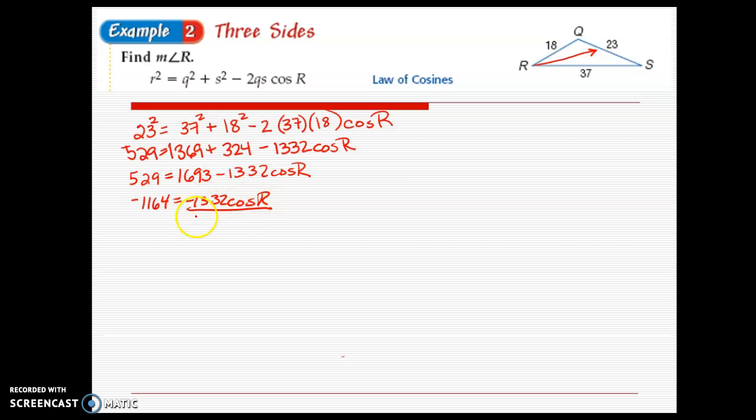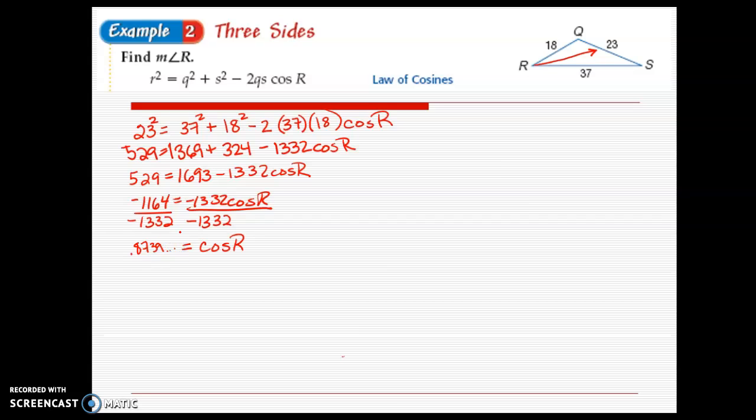To get that by itself, you will divide by negative 1332, and so that your cosine of r will equal negative 1164 divided by negative 1332. You get 0.8738 blah blah blah, 0.8739 actually, and it kept going on.